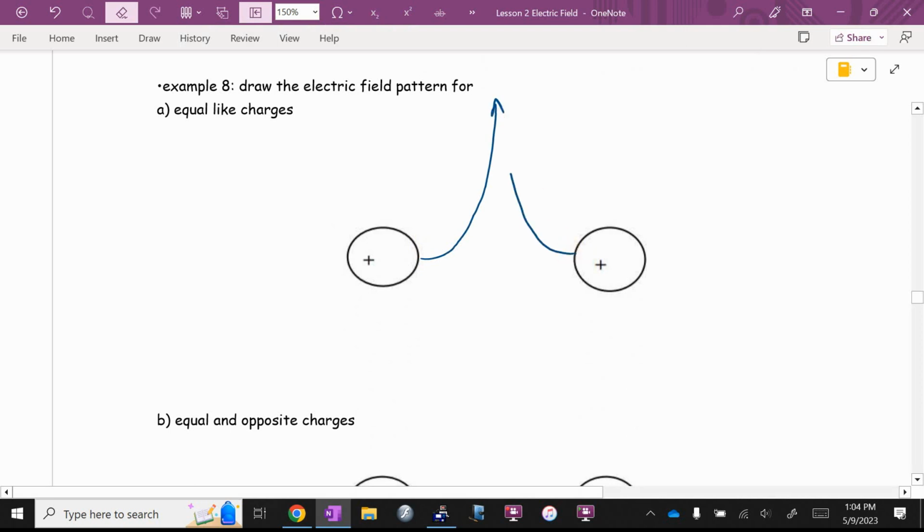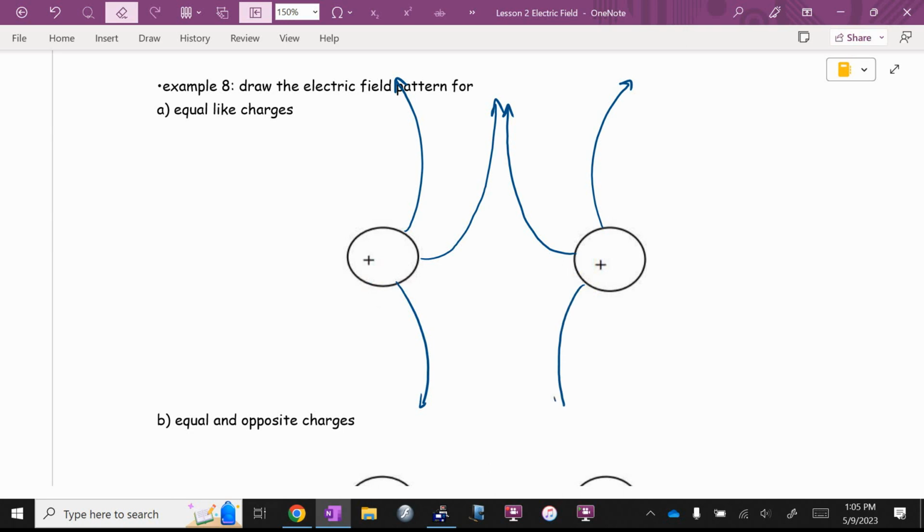Another line would head out this way and get repelled that way. Repelled this way, repelled this way. I put 5 lines on each because they said they were equal. I could have added more, but as long as I had the same number of lines for each.